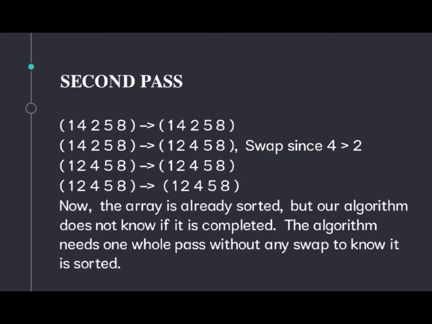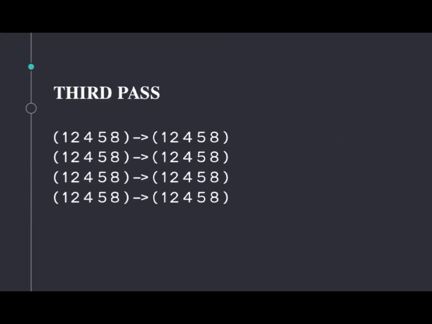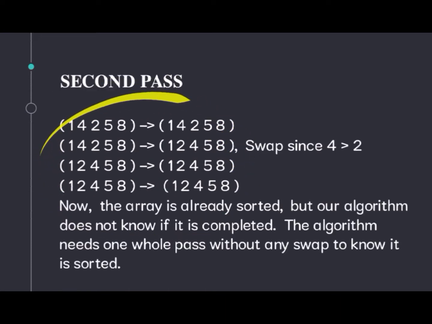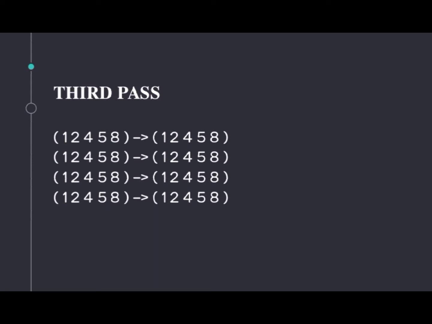Then, we are going to consider one other pass, which is the third pass. Here in the third pass, we are going to do checking. Since, as we noticed, it is already sorted, the process is finished.